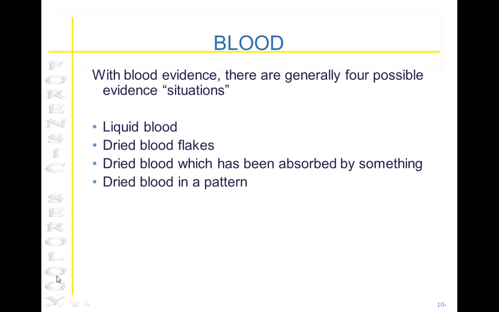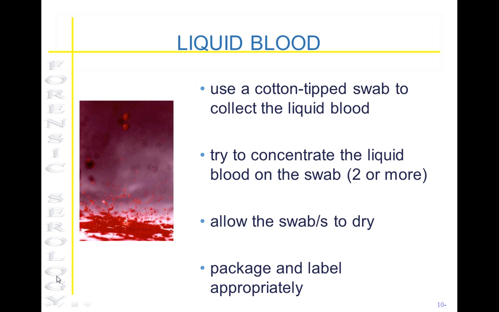With blood evidence, there are 4 possible situations where an analyst might need to collect blood samples: liquid blood, dried blood flakes, blood that has absorbed into something, or dried blood that presents itself in a pattern.